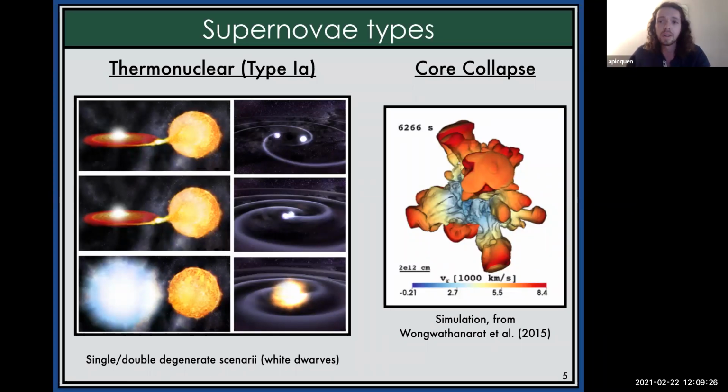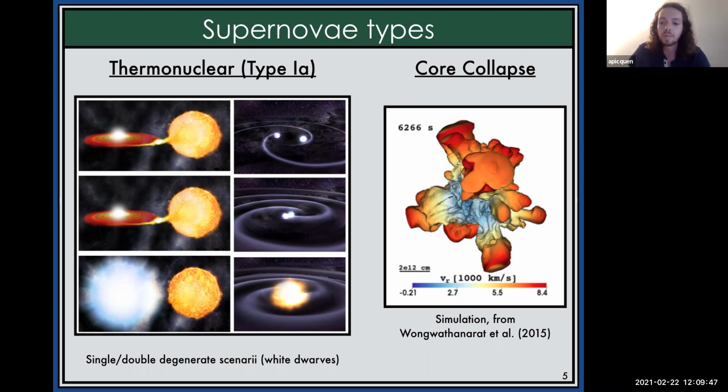The reason why it accretes so much mass is either the single degenerate scenario, where a neighboring bigger star gives mass through stellar winds, or the merging with another white dwarf. In both cases, it reaches a certain mass and it explodes.